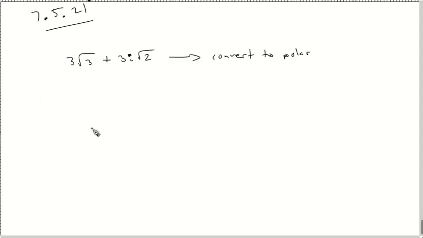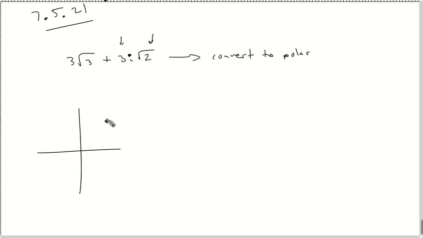First off, I want to know what this picture looks like. So 3 square root of 3, 3 square root of 2. Again, that i is just there because it's easier to see right here rather than dropping it down, and some people get confused. So they just say it's 3 square root of 2. You put an i wherever you want.